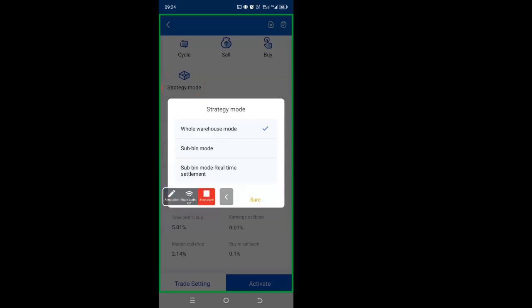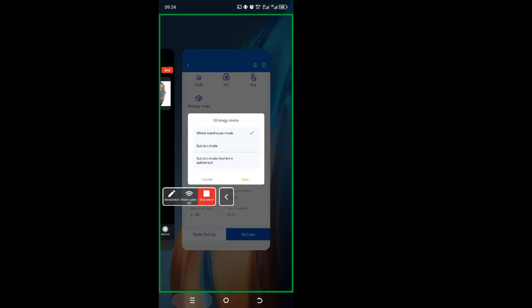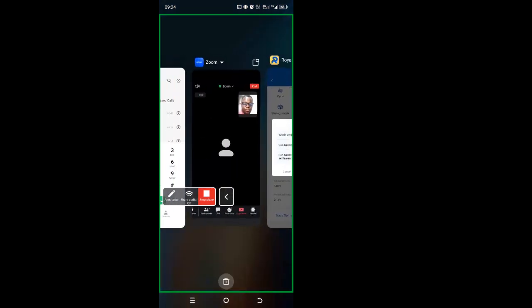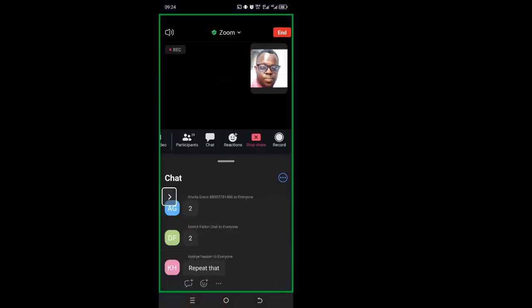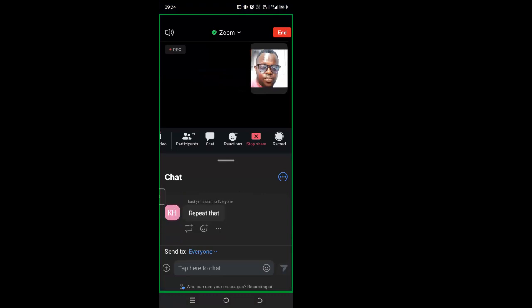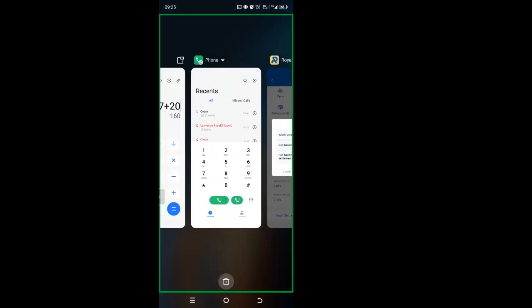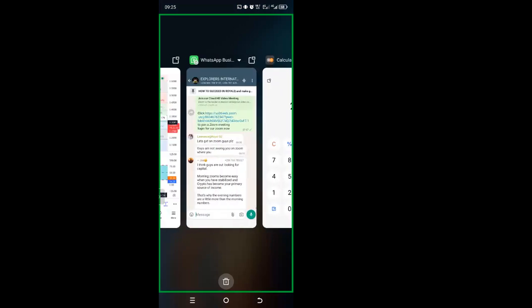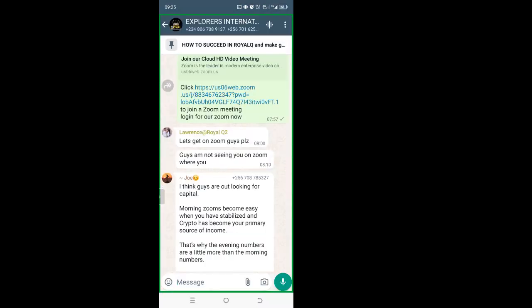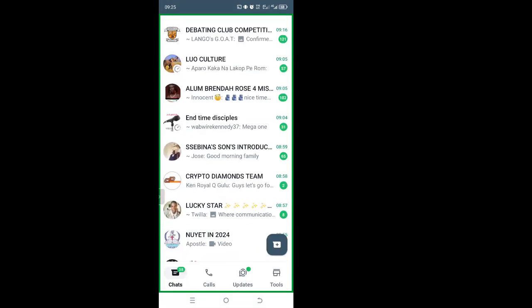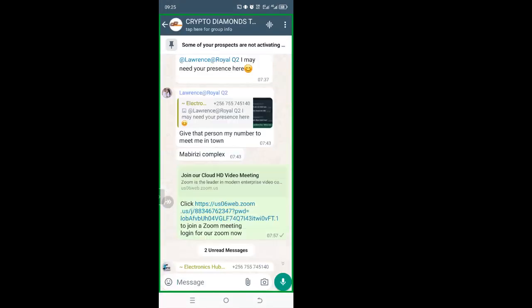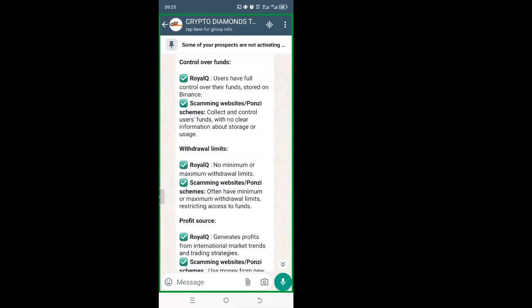Now, there is a post that was made on WhatsApp that was explaining what this meant. Let me look for that in my crypto diamond.